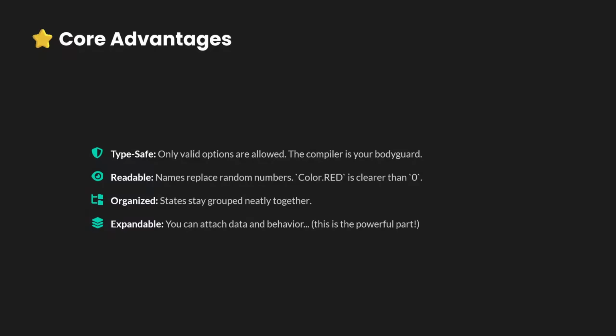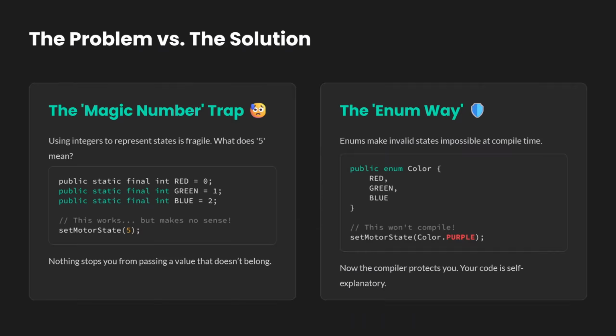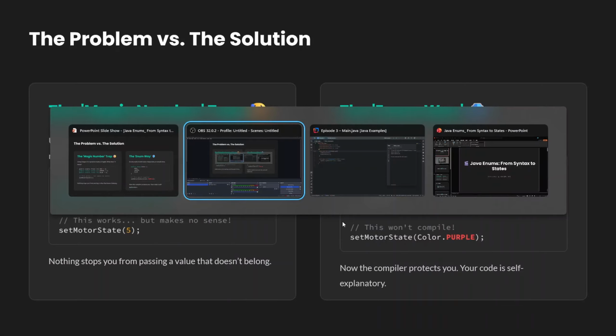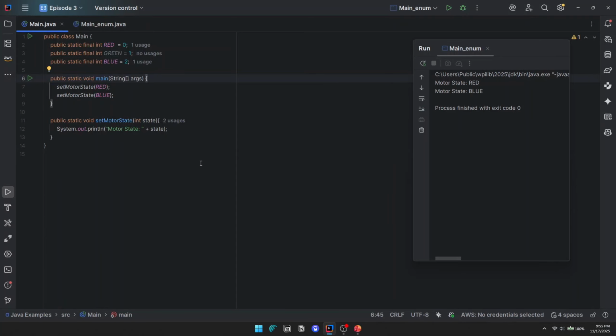So, let's actually show you why exactly they are safe. I don't think this is enough for you to know why it's safe, so let's do that real quick. I have a main function, and I added my public static final red, and these are my states.